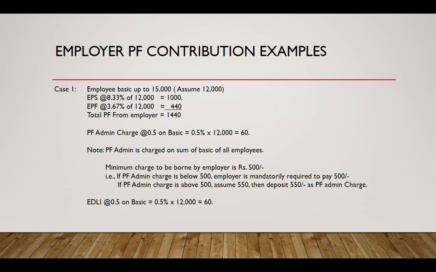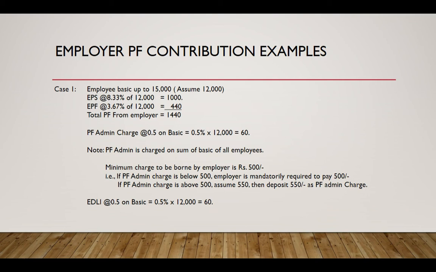So that is why we need to bifurcate PF contribution in two parts, which is EPS at 8.33% of 12,000 amounts to 1,000 rupees and EPF at 3.67% of 12,000 is rupees 440. So total PF contribution from employer is rupees 1,440 rupees. And I have also calculated the administration charge at 0.5% on basic, which amounts to rupees 60.